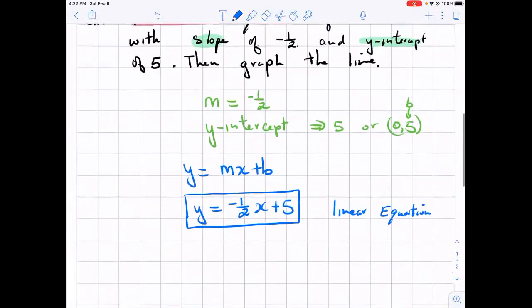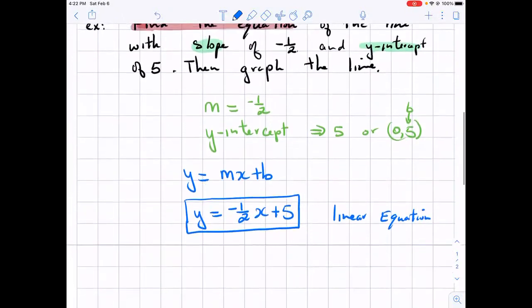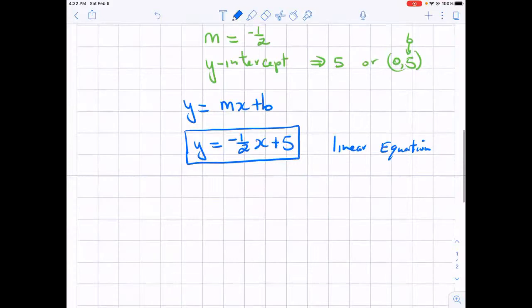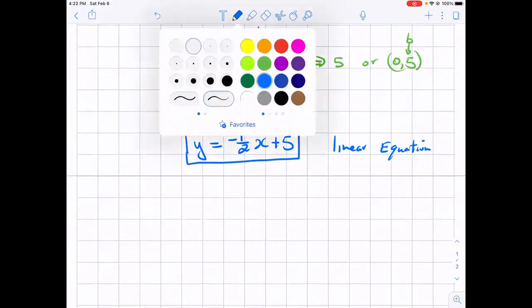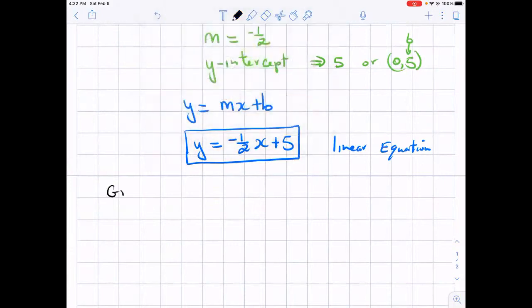Now, they also said to graph it. They did not indicate whether to write the equation in slope-intercept form or standard form, so we'll leave it in slope-intercept form for now. So now we want to graph y equals minus 1/2 x plus 5.